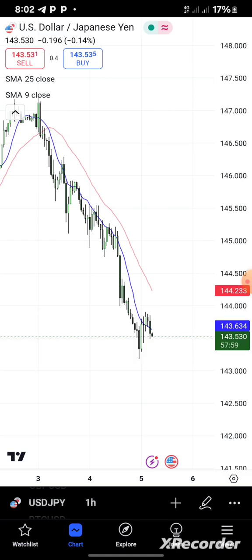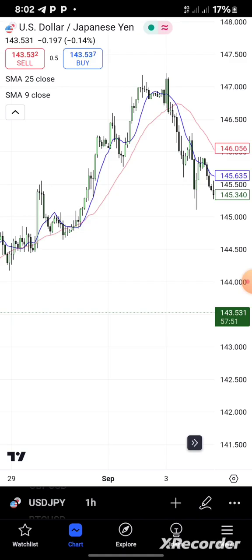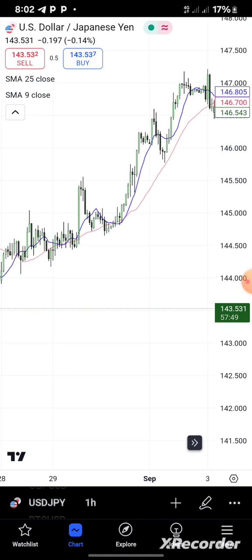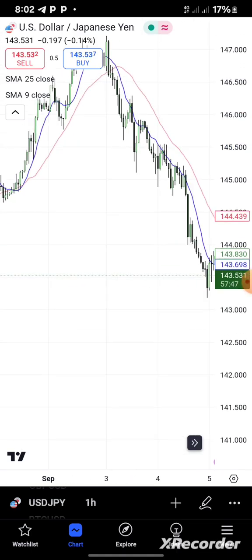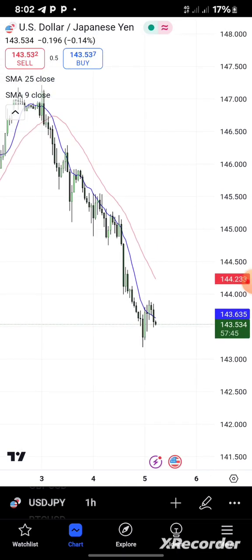If you have traded 10 trades, you can win 7. Basically, supply and demand is one of the best strategies because it shows you how to trade what you see, not what you think. That is all about supply and demand.